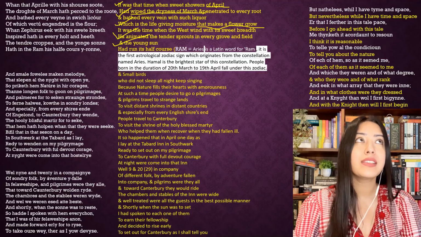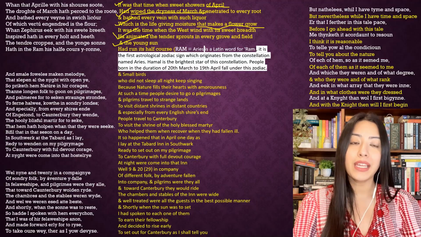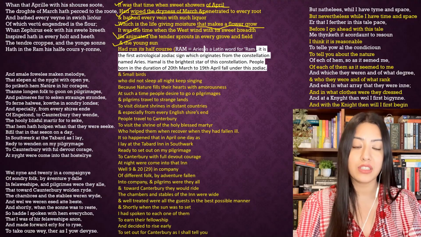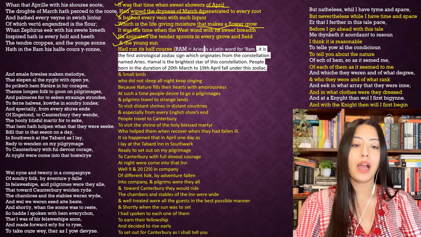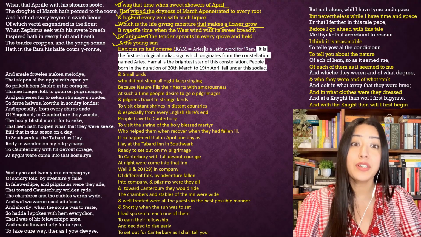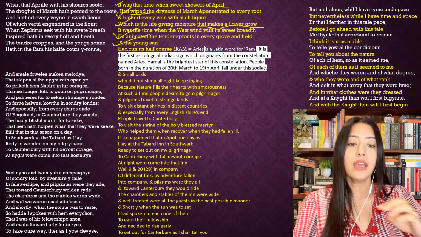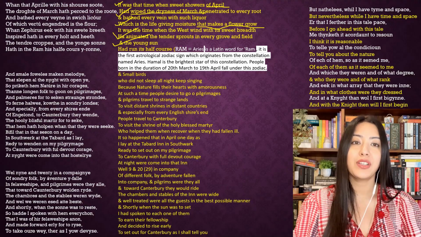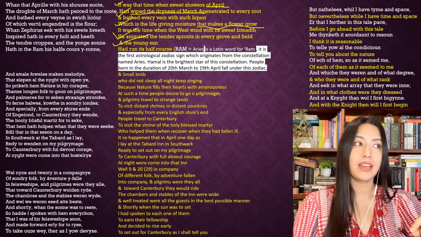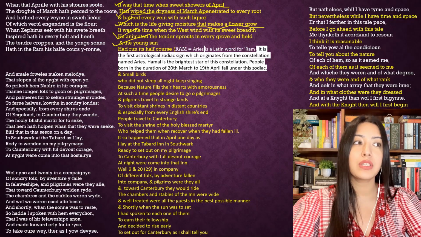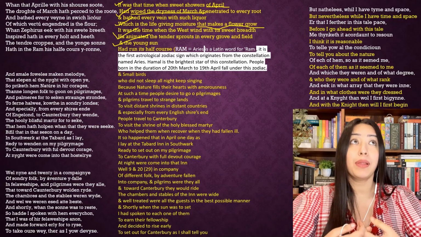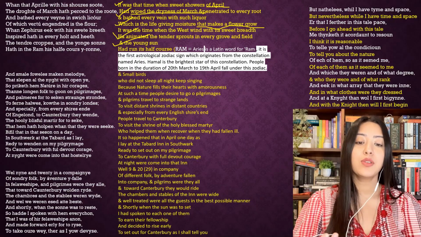It's this whole essence of a new beginning that is highlighted in this first part. Also, he's talking about how the sweet showers of April, the first rains of the year, wipe out the dryness of March, and they penetrate into the roots, and the moisture gives the flowers the capability to bloom, right? So it's a new beginning.